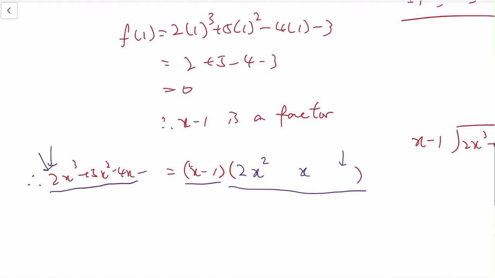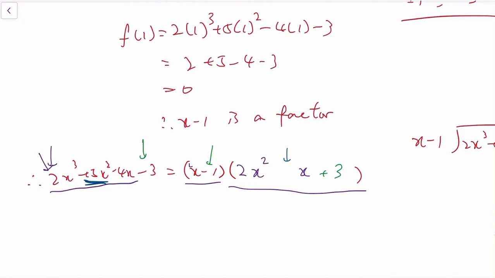On the other hand, the last constant term has to be multiplied by this -1 to get the last constant term. So it should also be obvious that that's a +3, because that's the only way to get -3 at the end. Then to get the middle number, I usually like to use the x squared term.